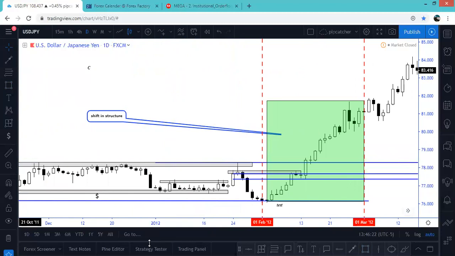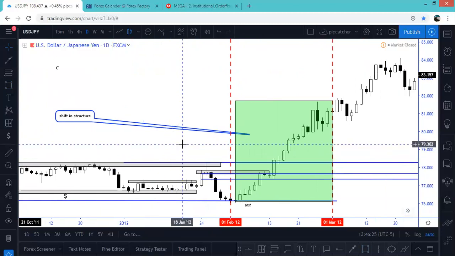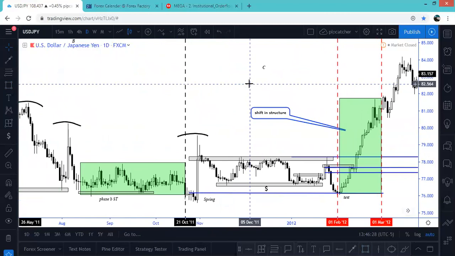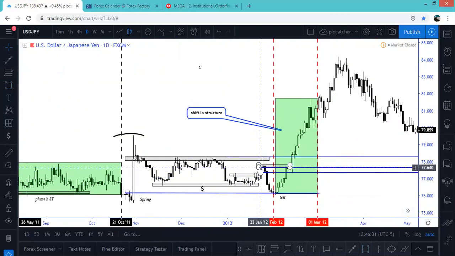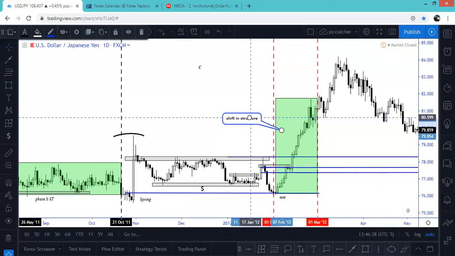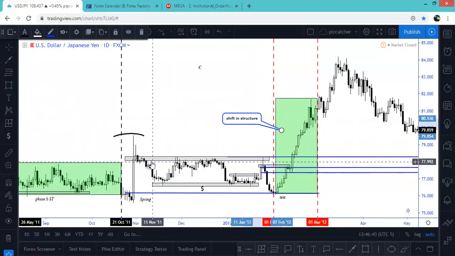Some of you might have to watch this over a couple of times to understand different forms of mitigation, right? Different areas of interest.